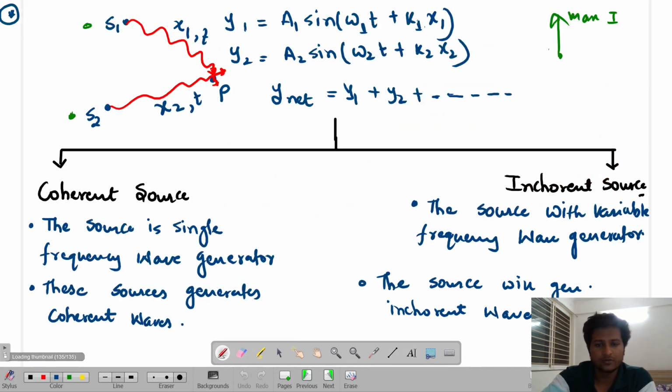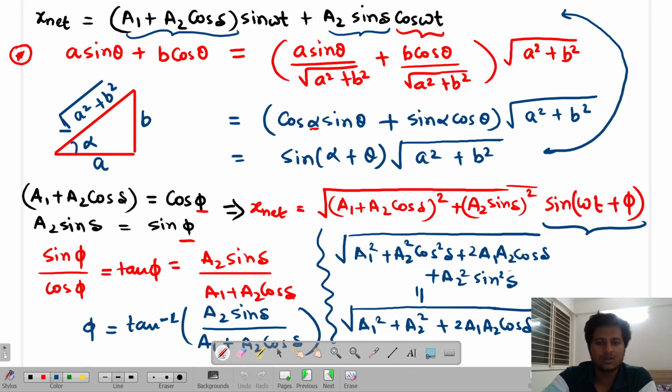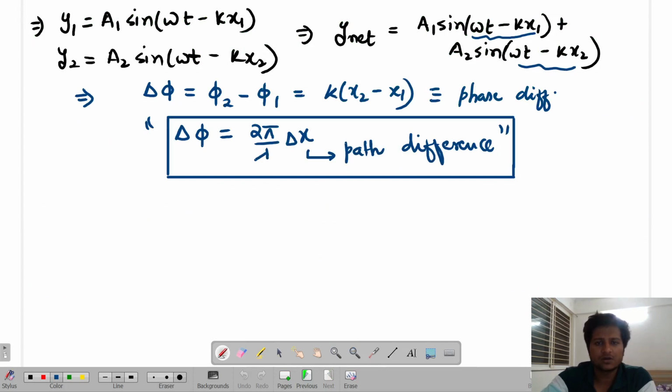Okay, so now look over here. When you did SHM, we got to know that waves can superimpose in an easy way, and the net was provided by this equation. So this is also like an SHM equation, a sinusoidal equation.